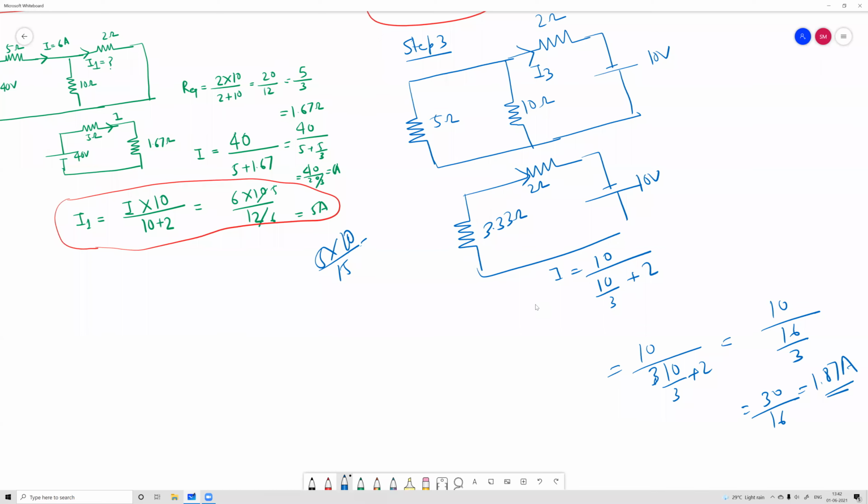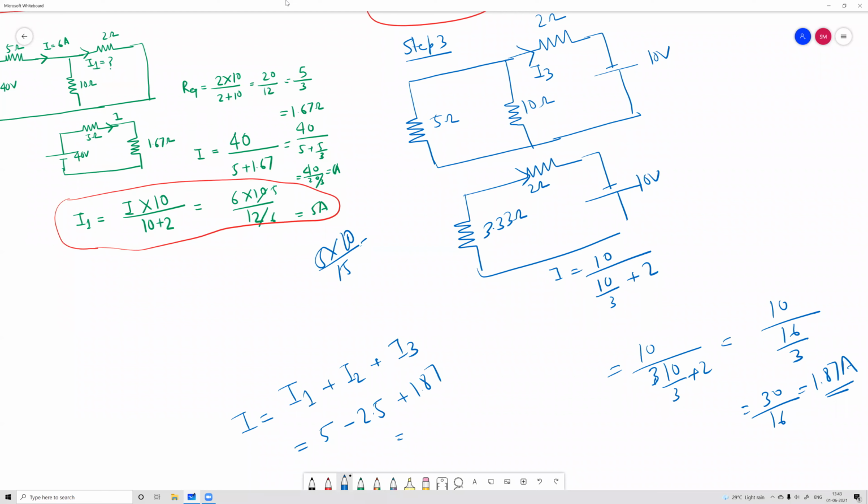So now, how to use the superposition theorem? The superposition theorem says that I would be equal to I1 plus I2 plus I3. We have already found the values, so this 5 amps is minus 2.5 amps, and this is 1.87 amps. So the overall current would be 4.37 amps.